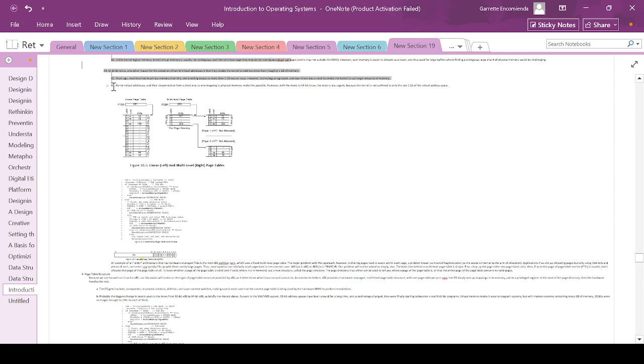So this innovation, which programmers contributed to open source Linux, allows for the allocation of large memory. Kernel virtual addresses and their disconnection from a strict one-to-one mapping to physical memory makes this possible.